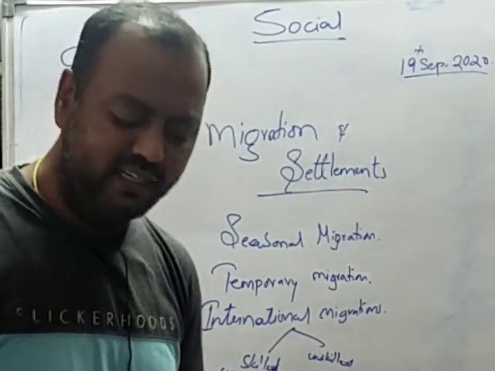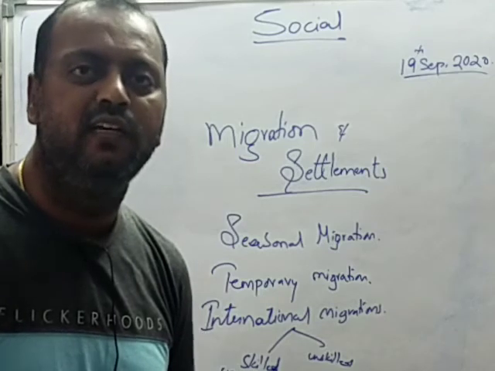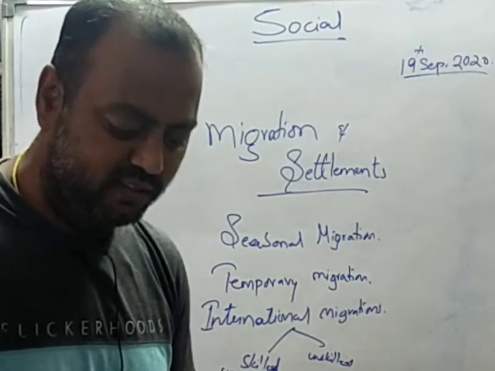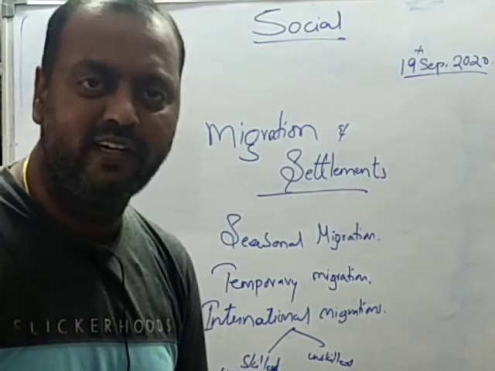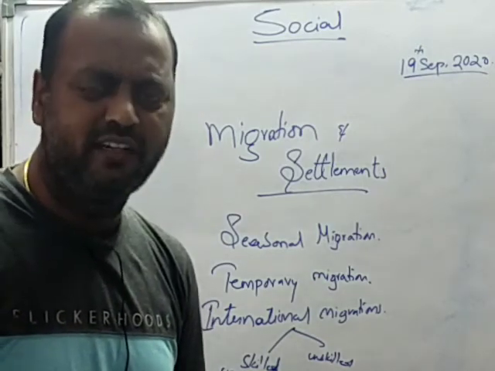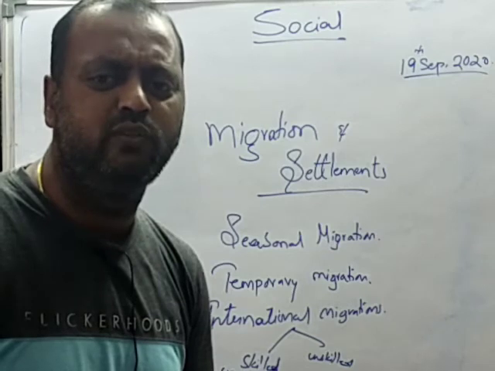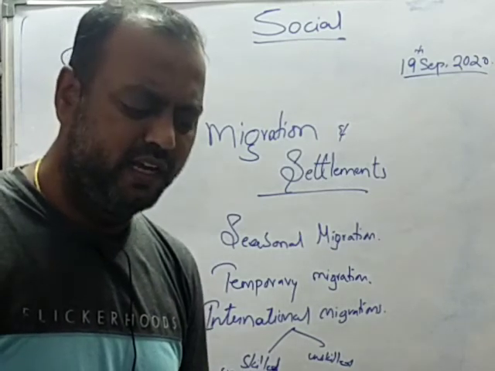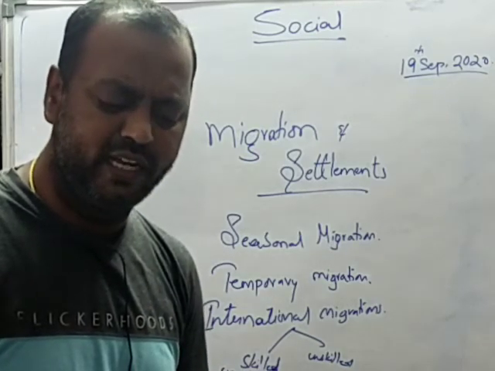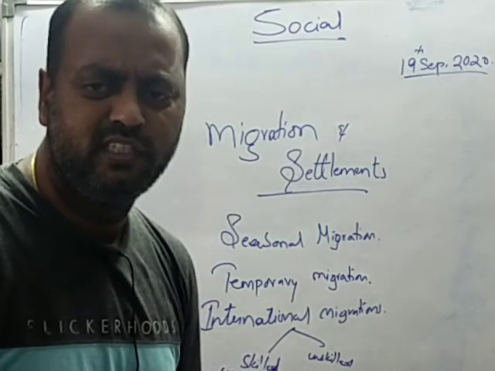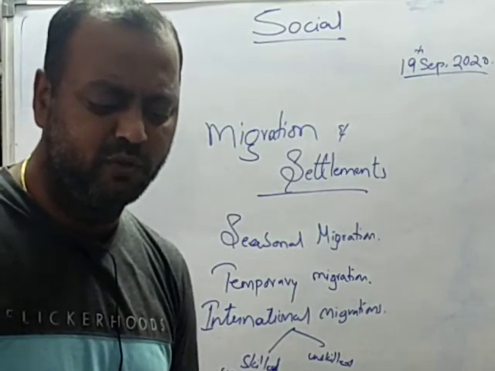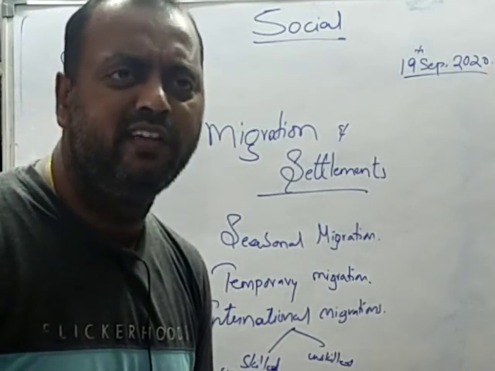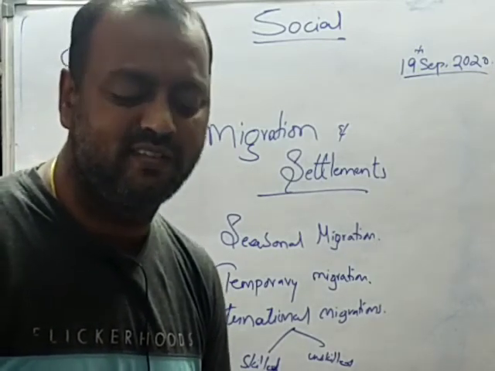The second type of international migration is unskilled labor, where mostly semi-skilled workers migrate to oil exporting countries like the Gulf countries and West Asian countries. On a temporary contract they keep moving to Gulf countries like UAE, Saudi Arabia, Yemen, Oman and other West Asian countries. These have been a destination for more than 3 million workers of India.